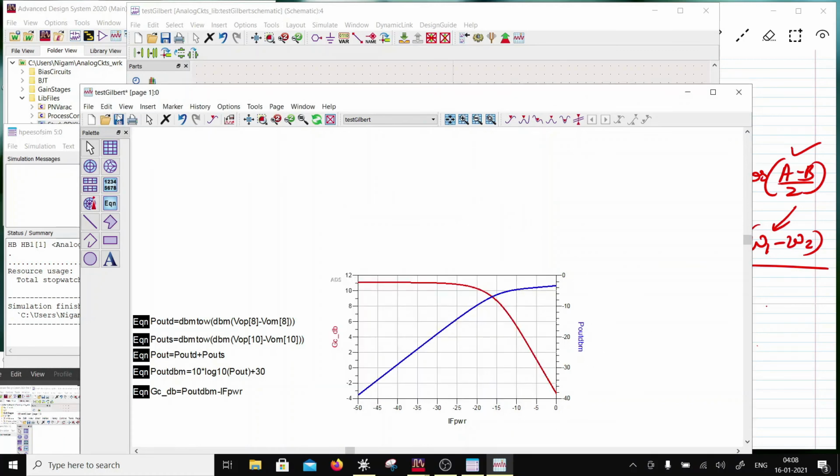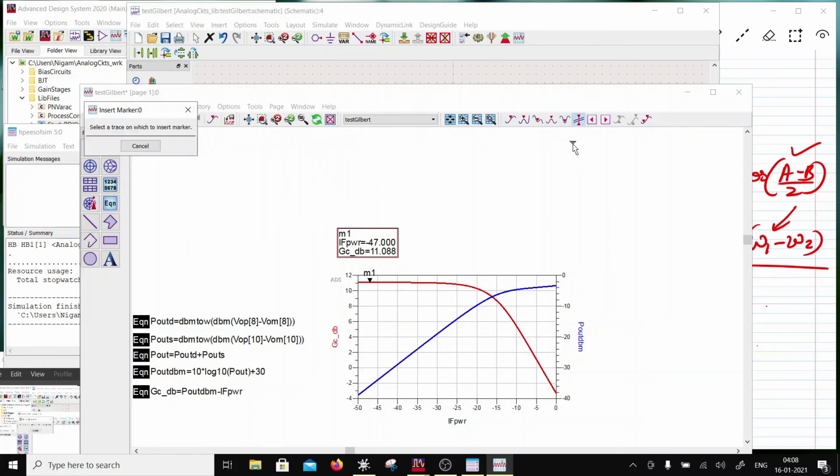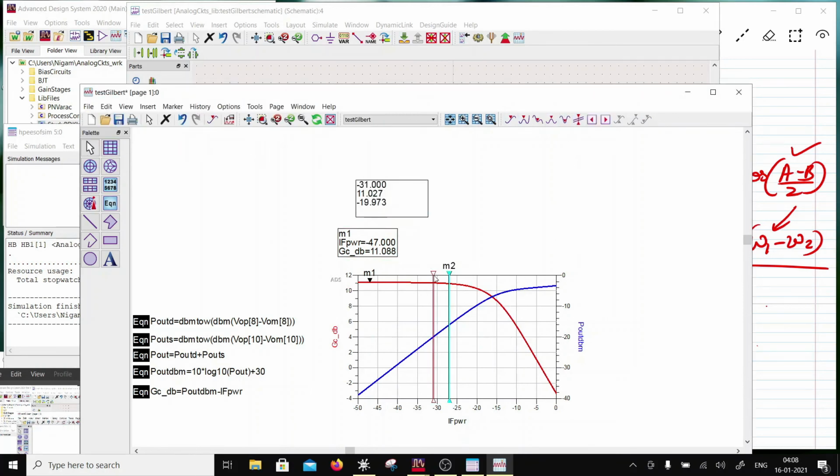Okay, so if I was to find out where is this mixer compressing, so over here there's a gain of 11, and if I put here this one, so 11 has to become 10. So this is 1 dB compressed over here. So at the output power of minus 8.9, it is compressing by 1 dB.